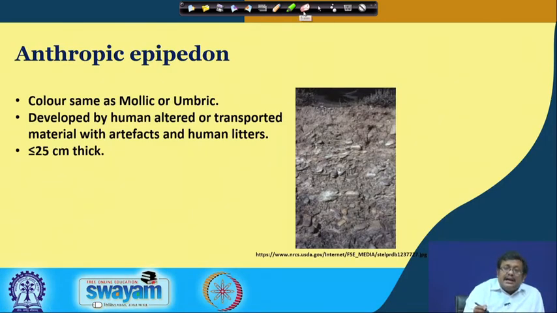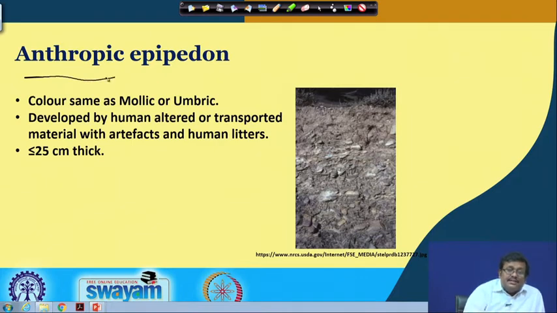So, again it is anthropogenic in nature, and that is why it is called anthropic. The name itself suggests human interventions. So, this surface horizon forms due to human alteration or transportation of materials with artifacts and human litters. Remember that this anthropic epipedon is less than 25 centimeter in thickness. So, we have covered the anthropic epipedon.